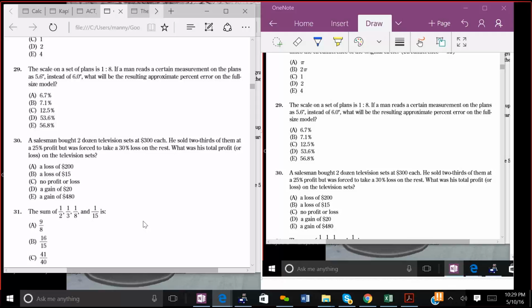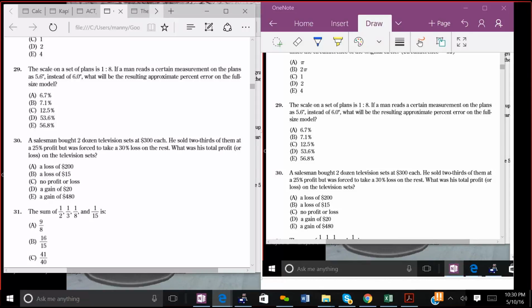Okay. 16 of them at 25. Yes, that's right. That's on the right track. A 25% profit makes 300 into 375.